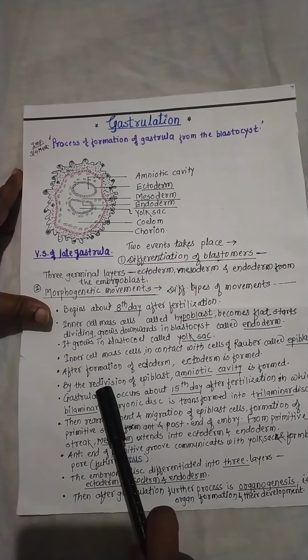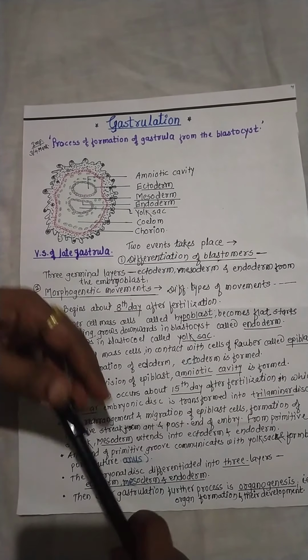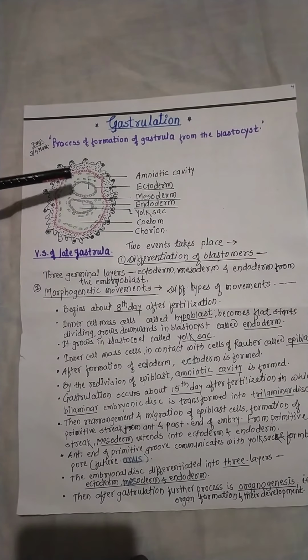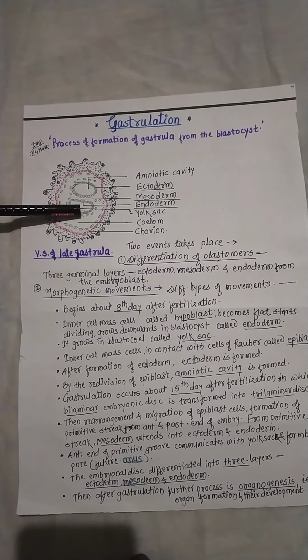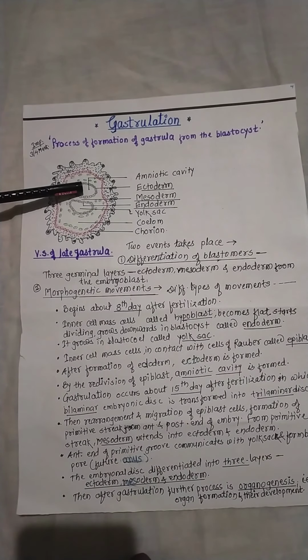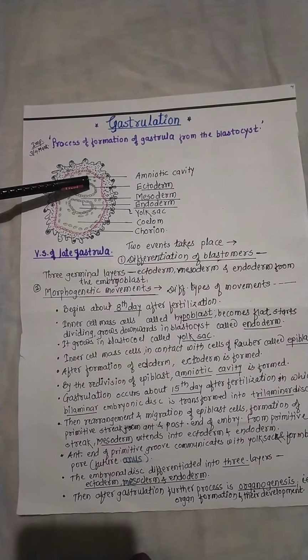By the redivision of the epiblast, the amniotic cavity is formed. See here, that amniotic cavity. That means first endoderm forms, then the yolk sac forms, then ectoderm forms. The ectoderm is surrounded by the amniotic cavity, or the amniotic cavity is surrounded by the ectoderm.